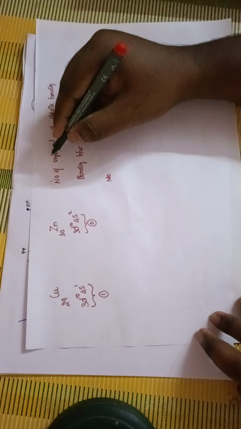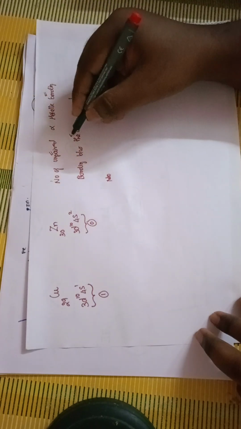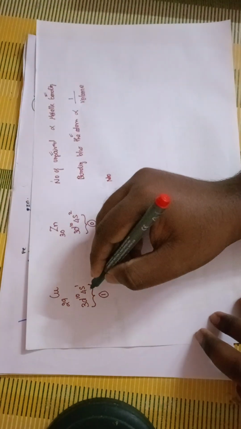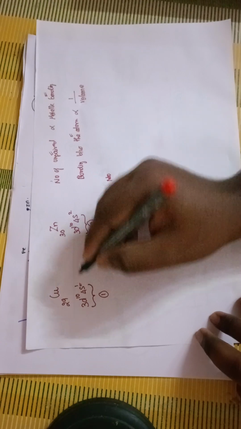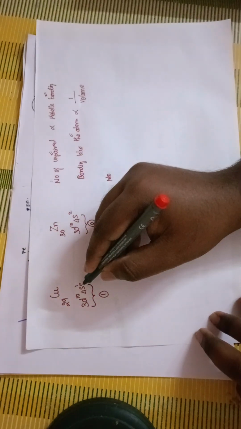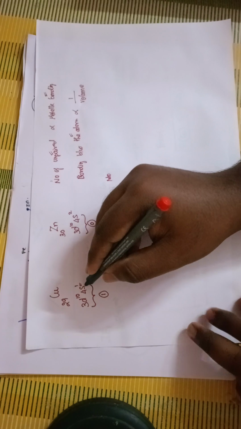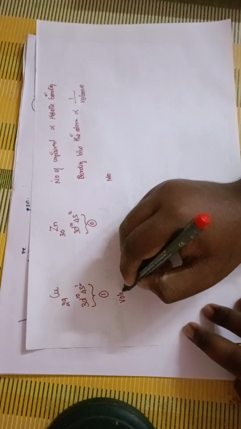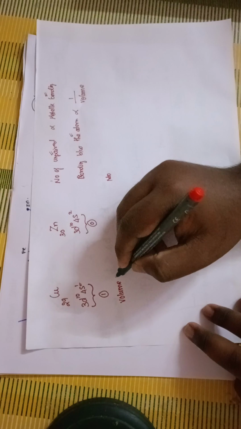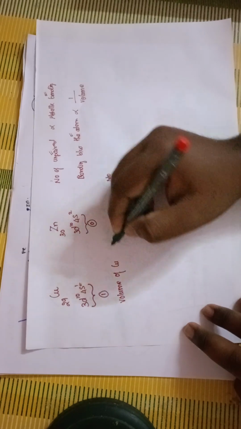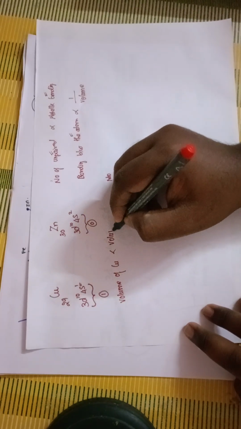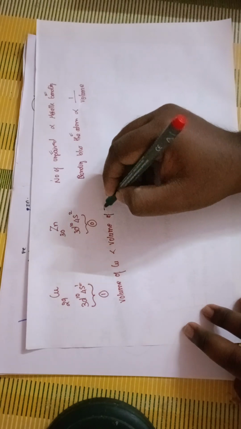If it has more unpaired electrons, metallic bonding will be strong. If metallic bonding is strong, volume will be low. Here we have one unpaired electron, and here there is no unpaired electron. So the volume of copper is lesser than the volume of zinc. Why?